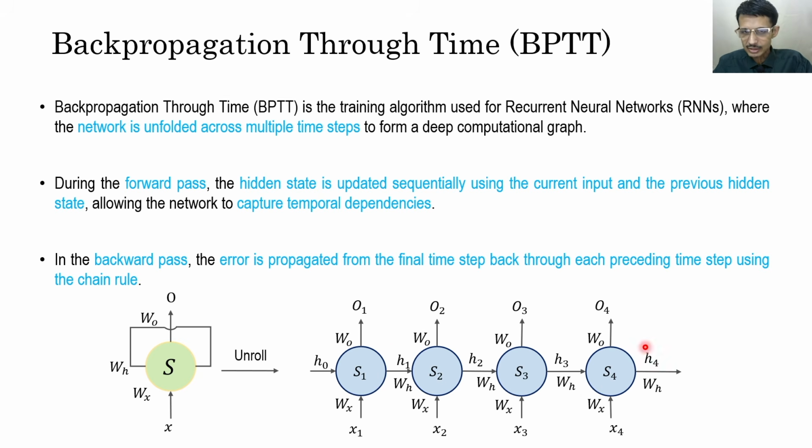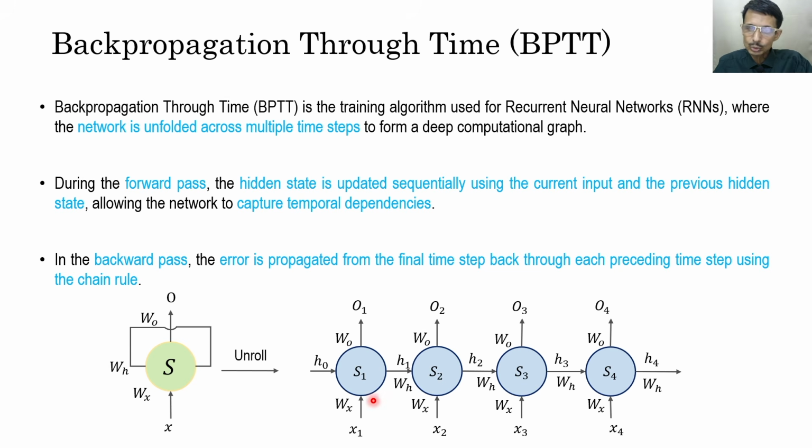This is the forward pass from time step 1, 2, 3, 4, according to the timeline, and this is the backward pass, where error is propagated from the final time step back through each preceding time step using the chain rule, similar to our other special type of network like CNN.